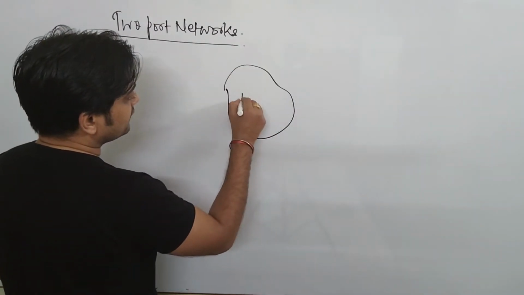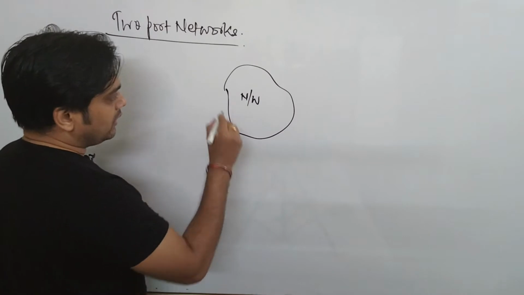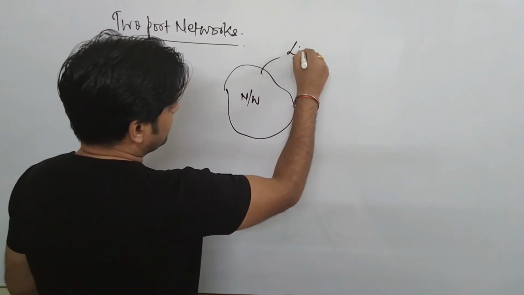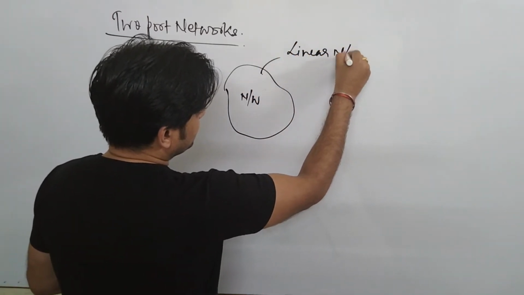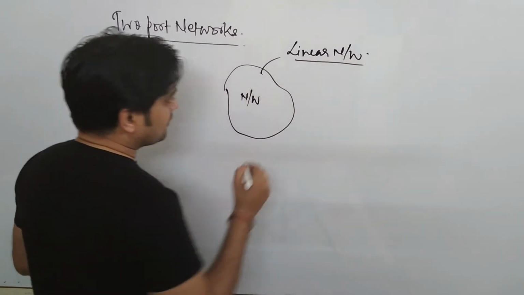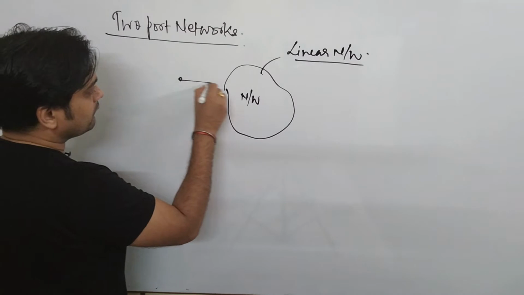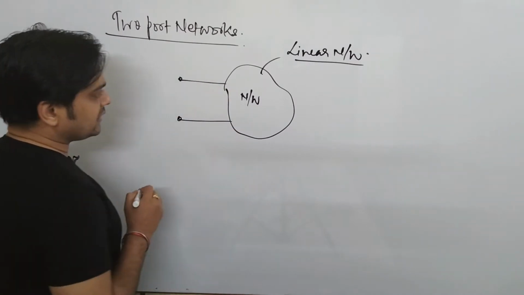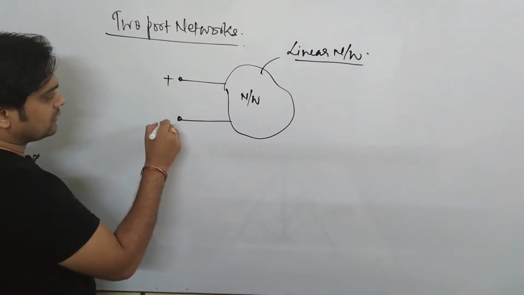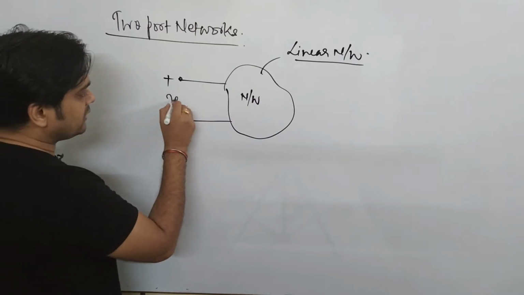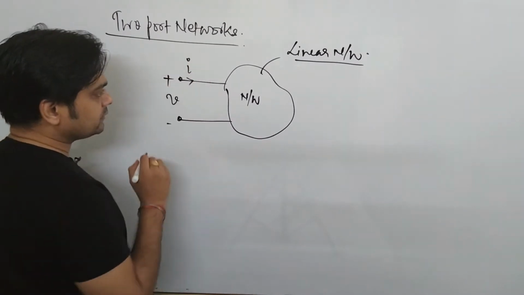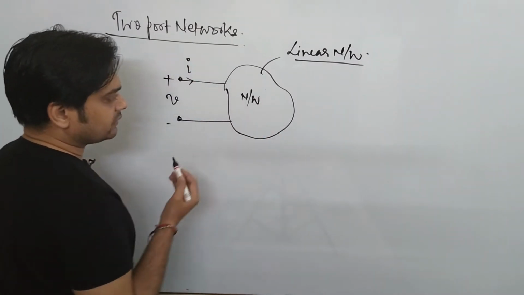If this is a network, the first very important thing is that here we are talking only about linear networks. So till date, whatever network we have studied, it is a kind of network in which some voltage or some current is present at the input, and this is your network.